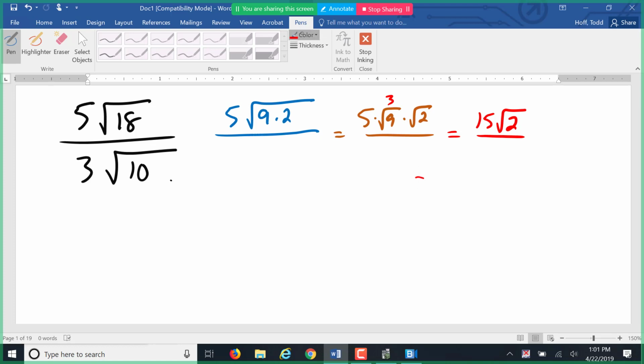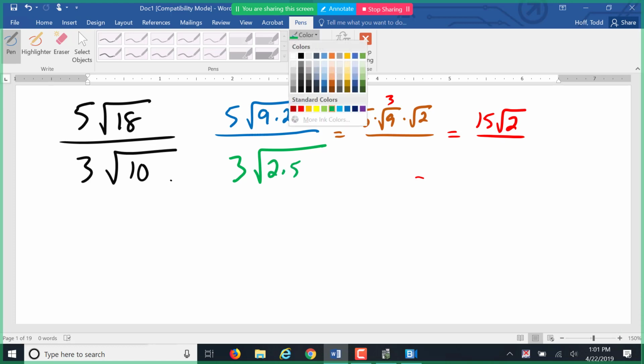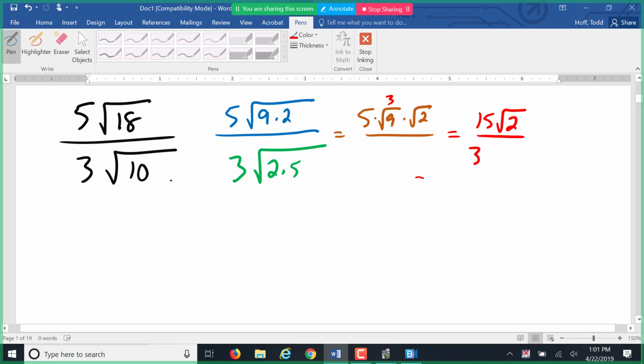The bottom here does not work out to be quite so convenient, but I can break 10 into 2 times 5. Why do I bother with that? Because if I break that square root of 2 times 5 into the square root of 2 times the square root of 5, the square roots of 2 cancel out.